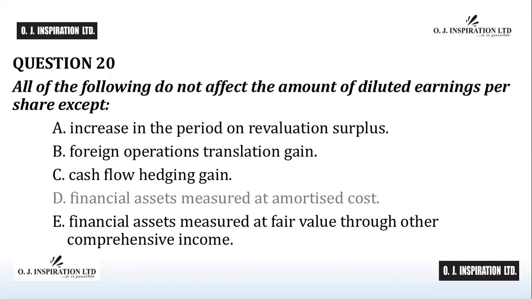Items in the other comprehensive income are not considered. All the items in the options are presented in other comprehensive income except for financial assets measured at amortized cost that has the associated income or expense or impairment recognized in profit or loss. D is the answer to question number 20.